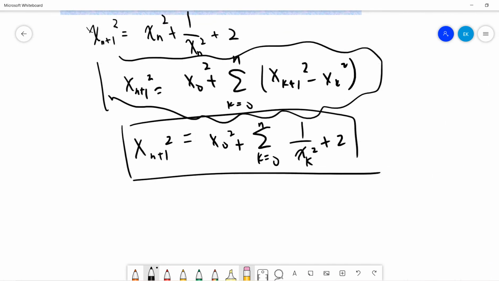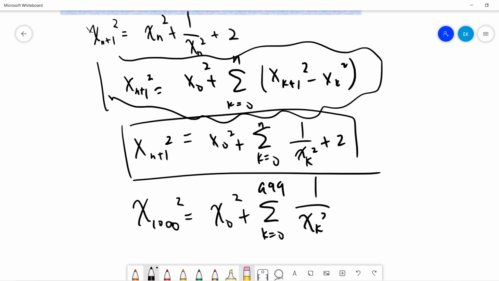So x1000 squared will be x0 squared plus the sum for k from 0 to 999 of 1 over xk squared plus 2.